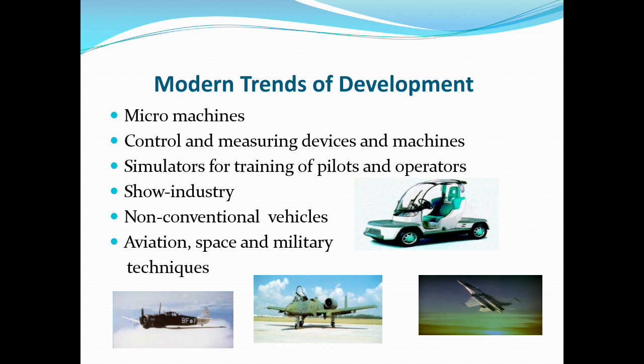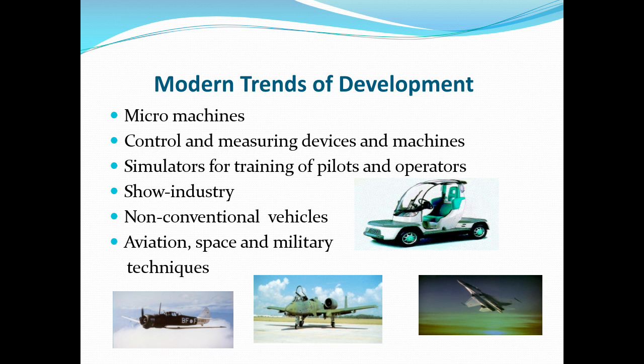Continuing with the modern trends of development, other examples are micro machines. One more important thing about mechatronics is that the size is becoming small, so they are called micro machines. We get the same efficiency with a smaller size. Control and measuring devices and machines, simulators for training of pilots and operators.